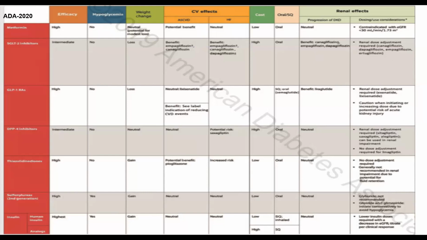It was basically given in ADA 2020, and you can keep it on your tabletop as a ready reference of which drug will be most suitable for which kind of patient.